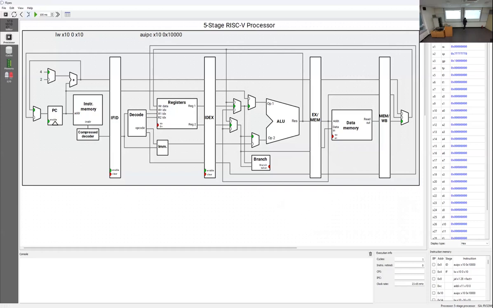AUIPC is in the instruction decoding stage. Then click. So you can see where the instructions are in the 5-stage pipeline architecture.